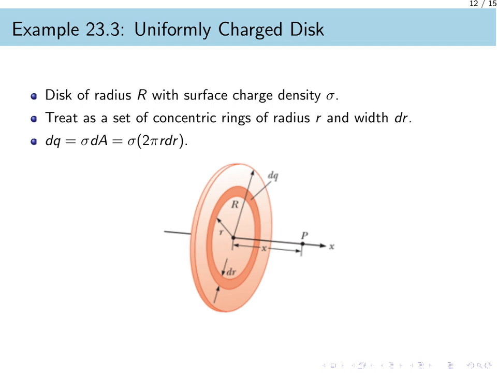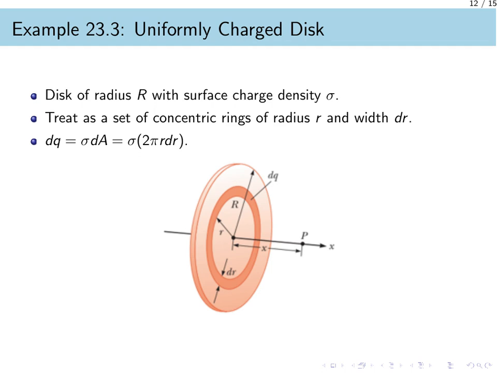Our final geometry expands the empty ring into a uniformly charged solid disk of radius R with a surface charge density sigma. We want to find the electric field at a point P along its central perpendicular axis. To solve this continuous surface problem, we can mathematically model the solid disk as a nested set of concentric thin rings.